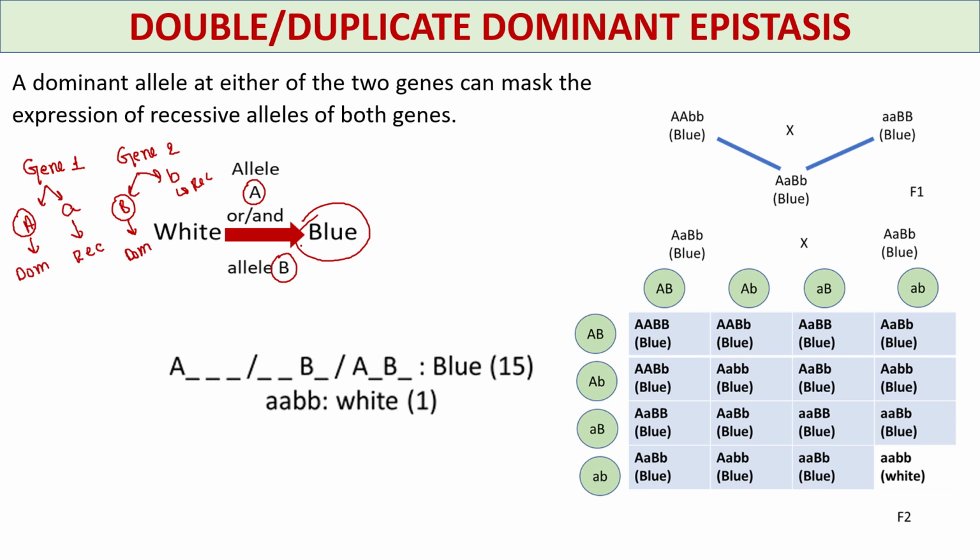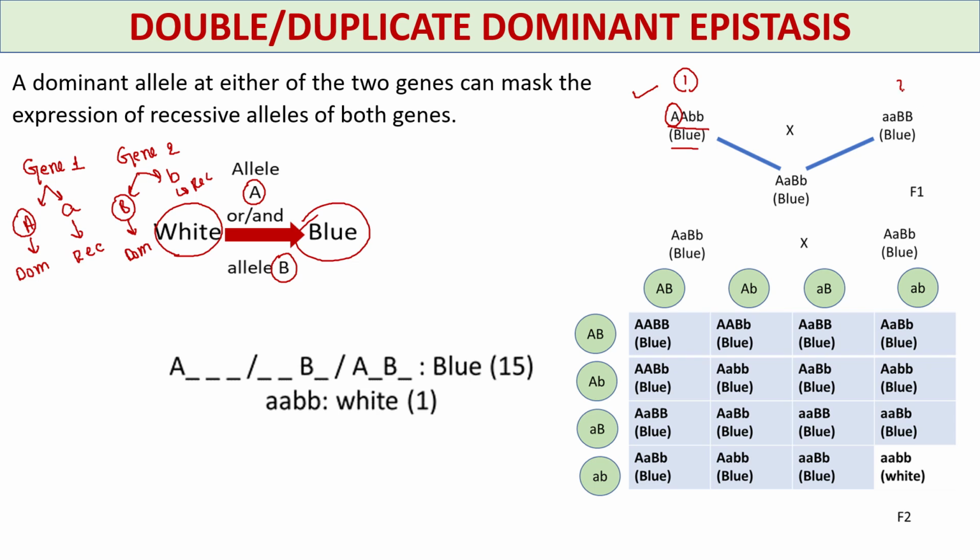If neither of them is present, flower becomes white. In the following cross, parent 1 has genotype capital A, small b, and it is blue because it has allele capital A which masks the expression of gene 2. Hence makes the flower blue.